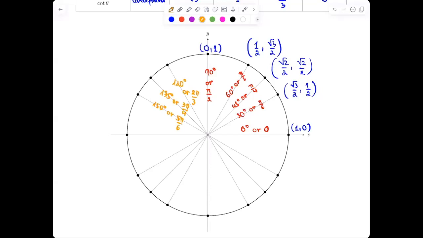And then 90, you add another 90, you get 180 degrees or pi. Right, so you're done with 0, you're done with 30, you're done with 45, 60, 90. The next angle is 120. So you take 120, add 90 degrees, you get 210.